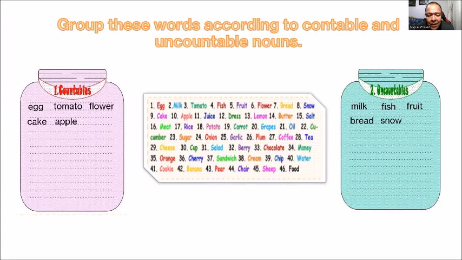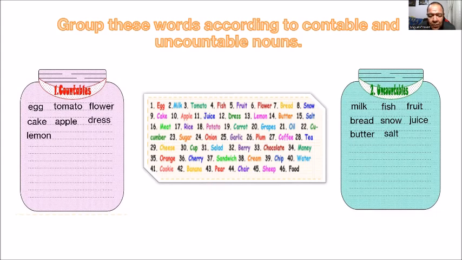Number 11, juice. Uncountable. Number 12, dress. Countable. Number 13, lemon. Countable. Number 14, butter. Uncountable. Number 15, salt.